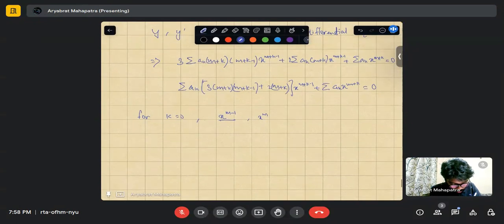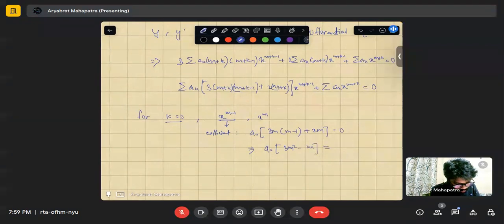So you take the coefficient of x to the power m minus 1, which is basically a0 times 3m, m minus 1 plus 2m at k equals to 0. This you should remember. This is your quadratic type equation. So a0 (3m squared minus m) is equal to 0. That means a0 m (3m minus 1) is 0.